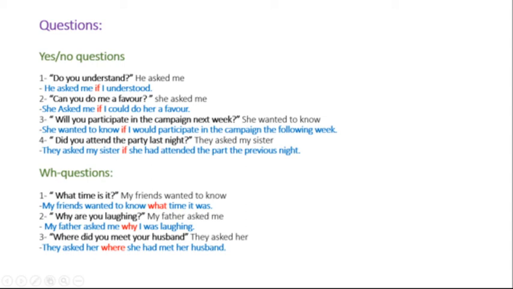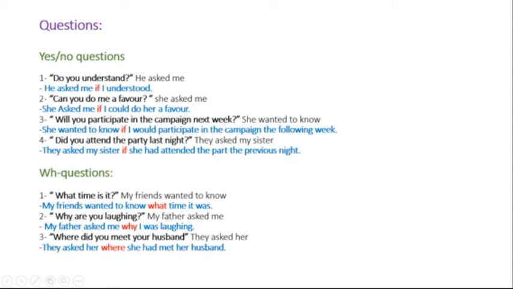They asked my sister if she had attended the party the previous night. If this was actually said to me, here we would say they asked me if I had attended the party the previous night, but it was not said to me, it was said to my sister.